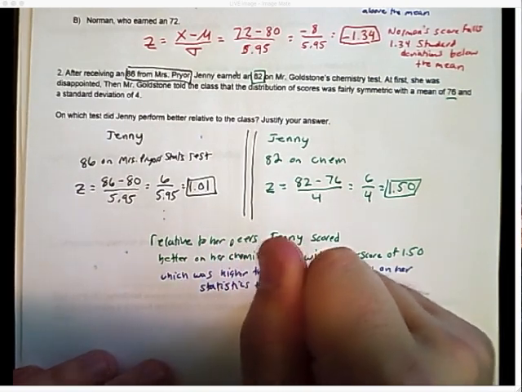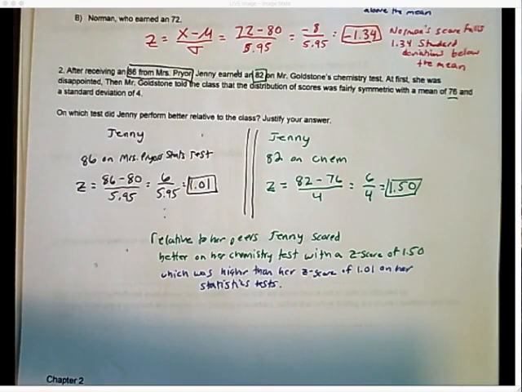So this is a way to compare two distributions, is to be able to use z-scores.